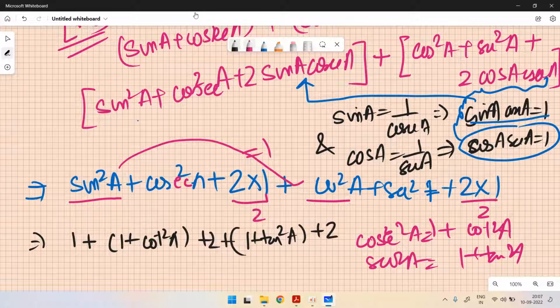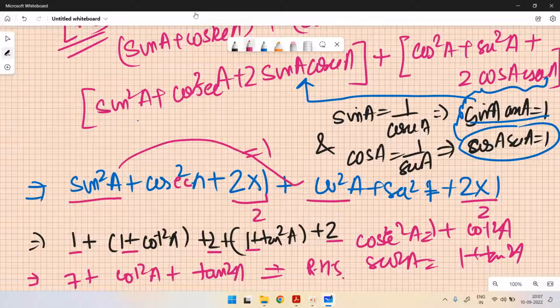And if you see, 2 plus 1 is 3, plus 2 is 5, plus 1 is 6, plus 1 is 7. Therefore this is 7 plus cot square A plus tan square A, nothing but my RHS. Now since LHS is equal to RHS, hence proved.